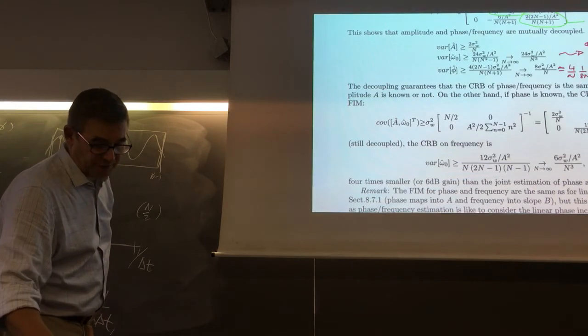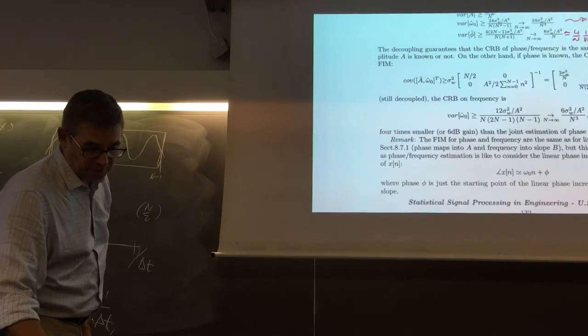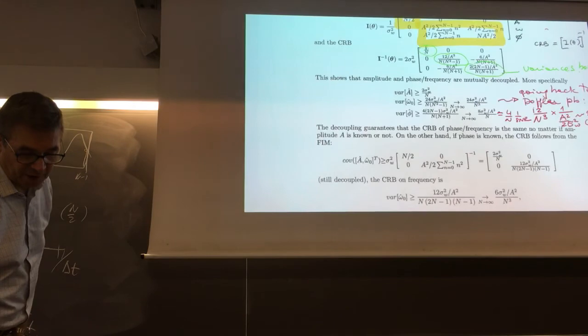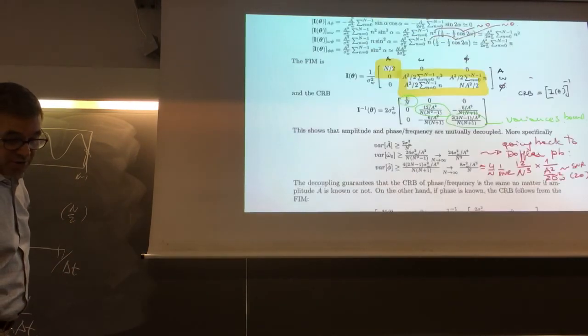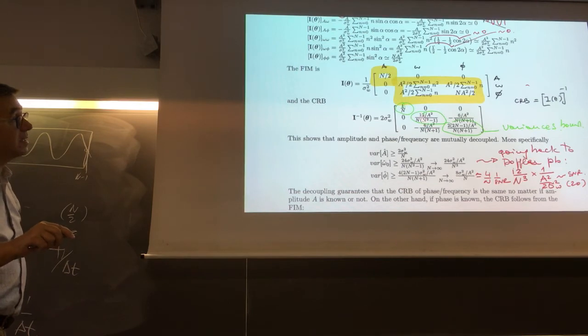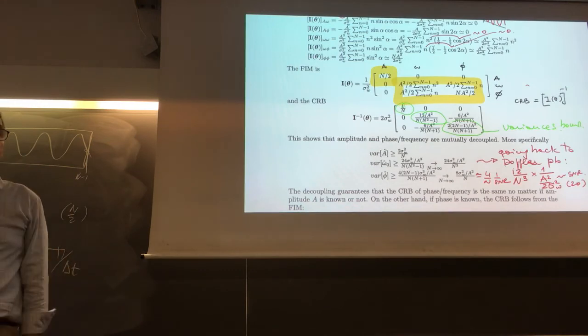This case is if the phase is known. Sorry, I didn't do that. But if you do it by yourself, it comes out that the dependency is 0 in the Fisher information and in the Cramer-Rao bound, and this term is smaller. So this remains the same, and this is smaller. So the variance on the phase is smaller, but the phase is a nuisance.